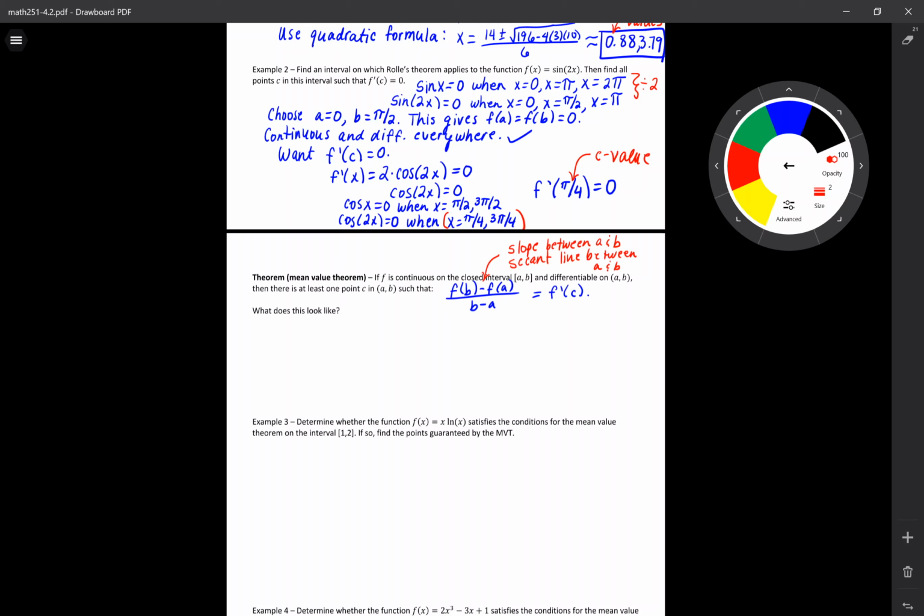So let's draw a picture here and see what exactly is going on. I have a function that's going to look something like this, and in this case, I don't need f of a to equal f of b. So say my function looks like this, and we'll call this point right here a, and we'll call this point right here b. They don't need to have the same y value in this case.